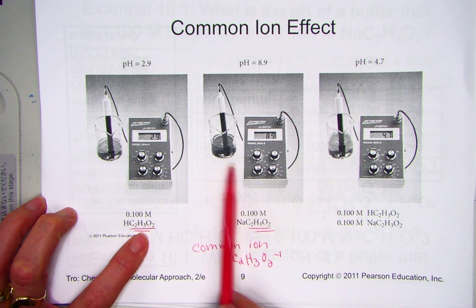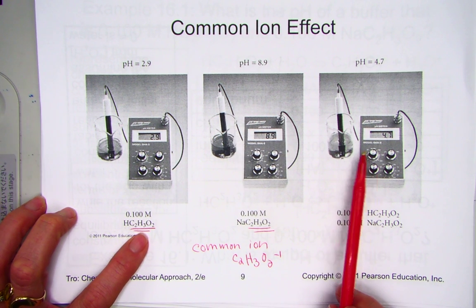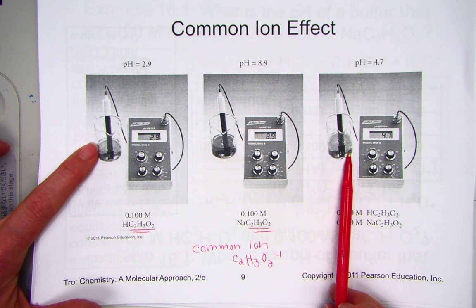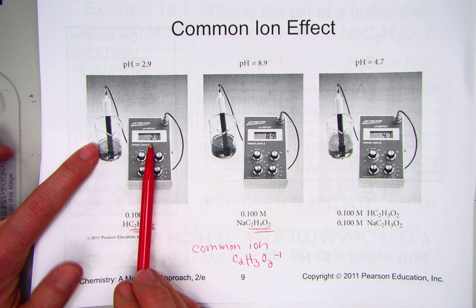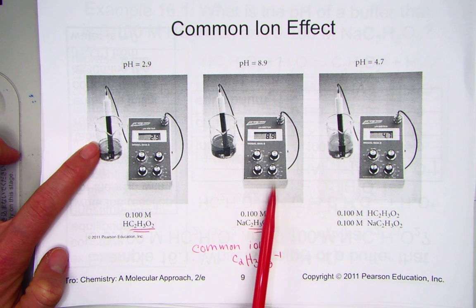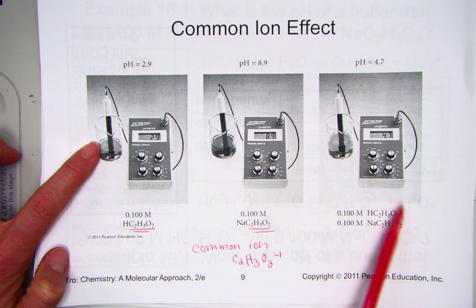Adding those two together will create a solution that increases the original pH of the acid. 2.9 was the pH of our original acetic acid. 8.9, the original pH of the salt. Add them together and we get 4.7.